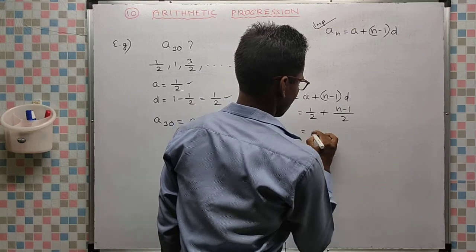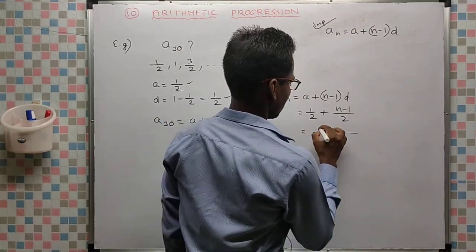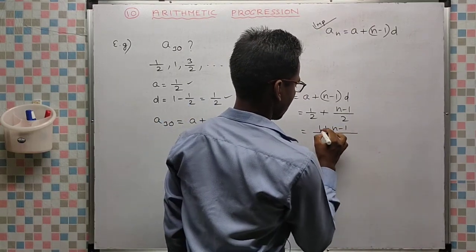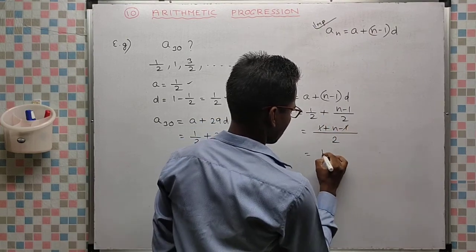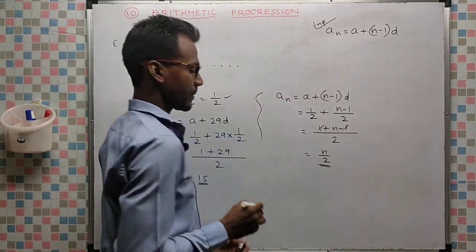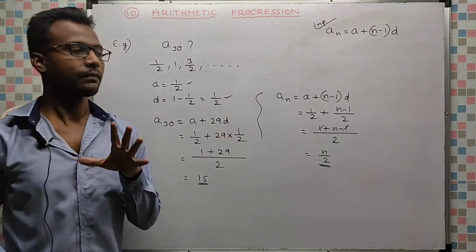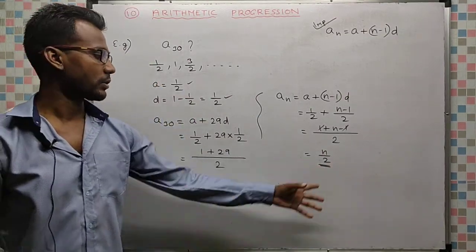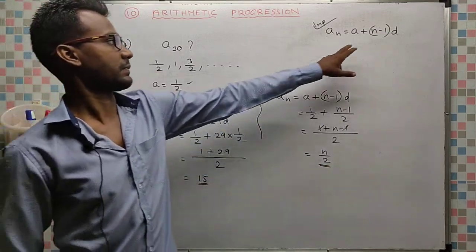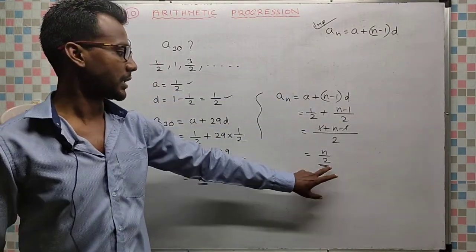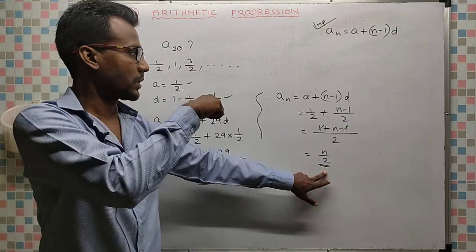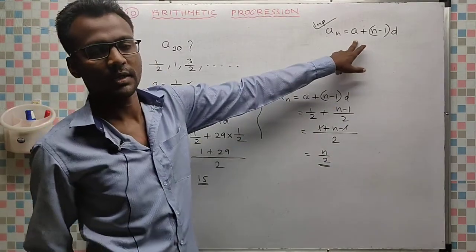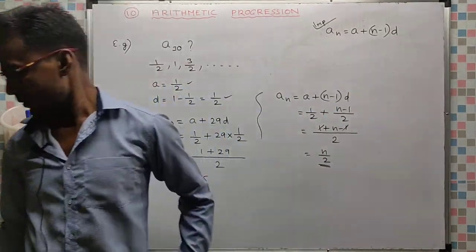LCM 2, 1 plus n minus 1, 1 cancels, n by 2. So the formula for this AP, only for this AP, is n by 2. But you may not be asked for this. Always remember this formula. We are getting this formula for this AP from the general formula, An is equal to a plus n minus 1 d.